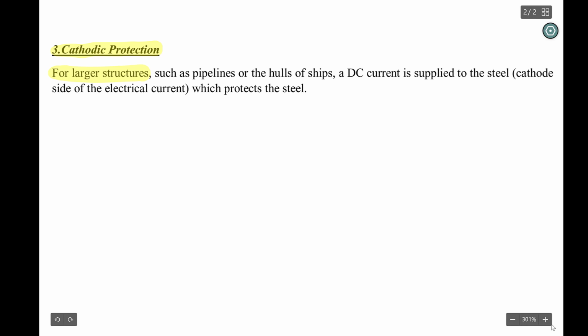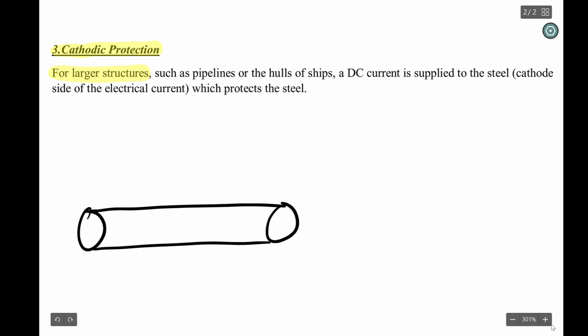So for instance, let's say I had a pipeline and it's buried. So this is a pipeline. And because it's buried, if I cover it with dirt and rocks after I painted it, it could get scratched and it could then start to rust.